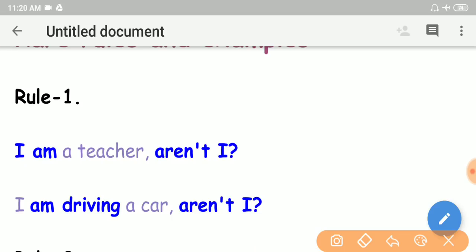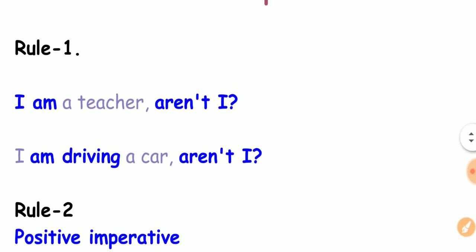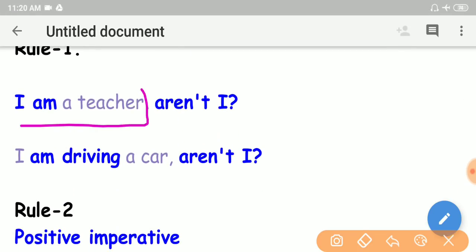Rule number 1 shows: if a statement contains I am, what we need to do is change it into aren't I, a negative question tag.